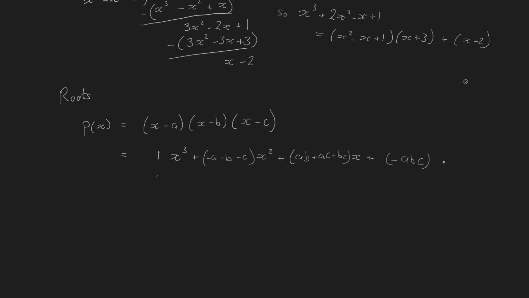What I should point out here is that this is minus 1 times the product of the three roots. This is the sum of all products of two roots. This is minus 1 times the sum of all roots. And this, unimaginatively perhaps, is the number 1.